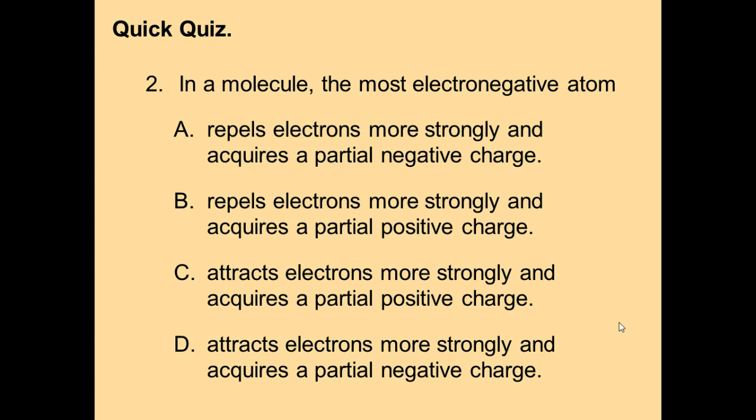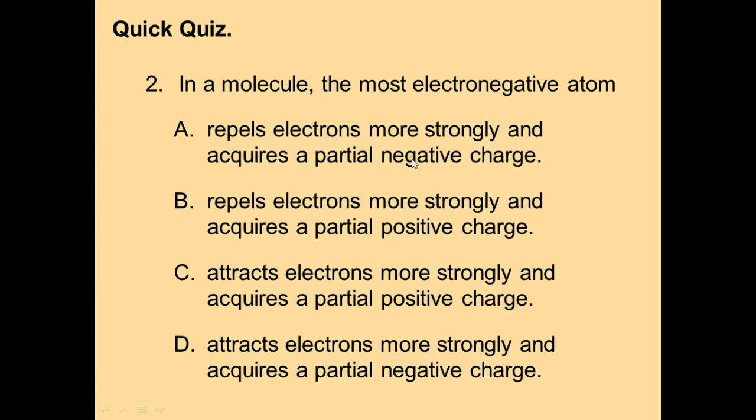So atoms that put the most energy on other electrons and can easily steal them. So if an atom is pulling so hard on an electron that it steals it, or has a higher electronegativity, it definitely attracts electrons. So you can eliminate A and B because they say electronegative atoms repel electrons.